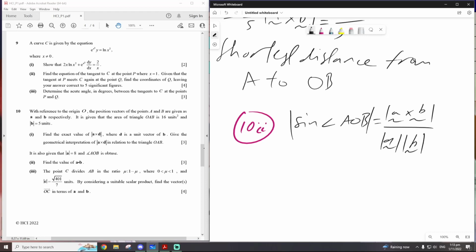Okay, and this is 32 divided by 8 times 5, which is 4 over 5. So sine angle AOB is actually 4 over 5, positive, since angle AOB is obtuse.